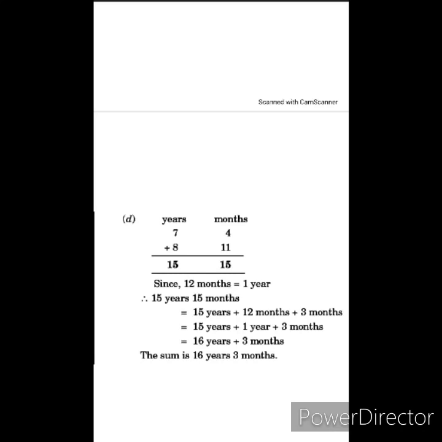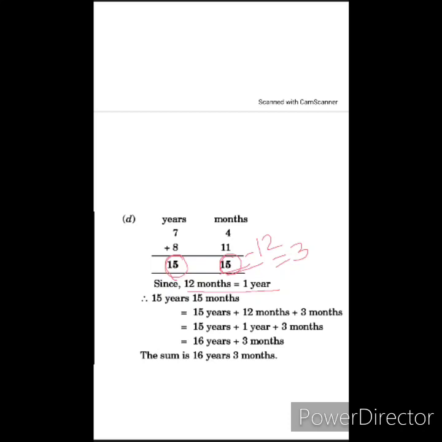So let us add normally. 4 plus 11 is 15, and 7 plus 8 is 15. As you have seen, the months have exceeded 12, and we know 12 months is equal to 1 year. So we have to separate it by subtracting 12 from it. So 15 minus 12 is 3.